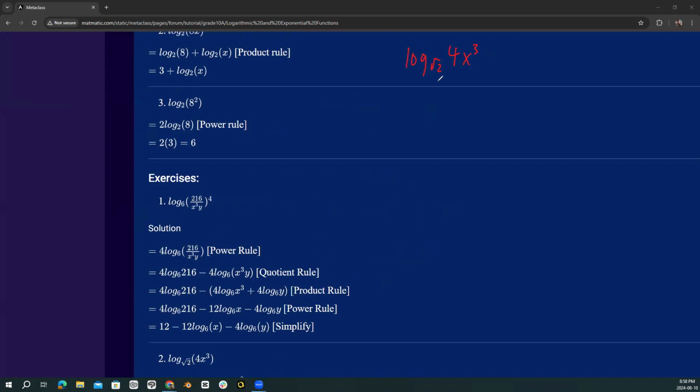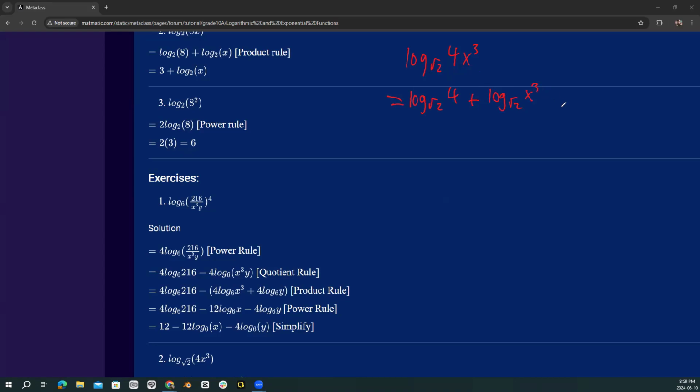So first, let's do the product rule to separate these two. So we would get log base square root of 2 of 4 plus log base square root of 2 of x to the power 3.